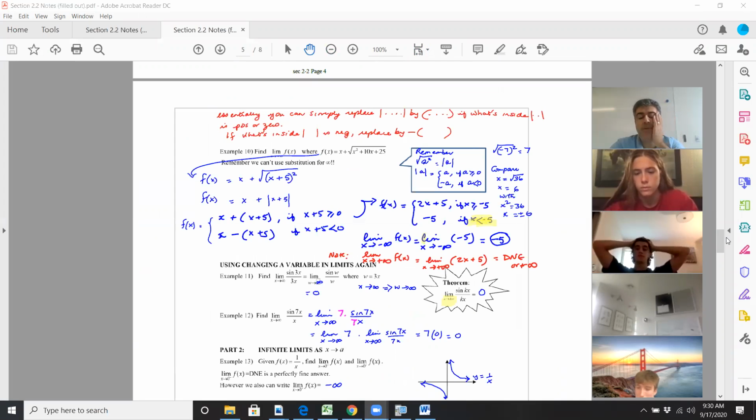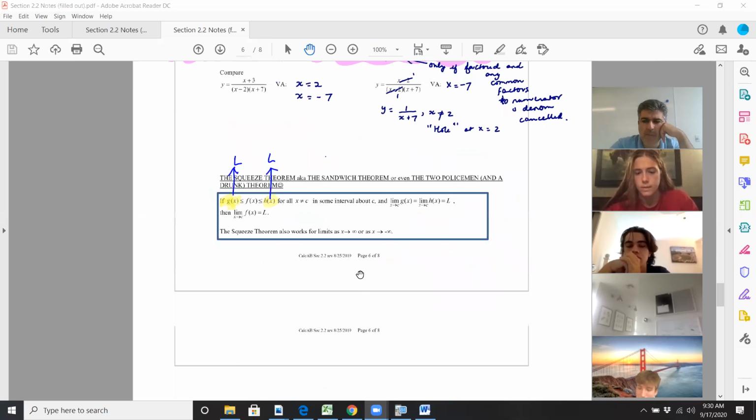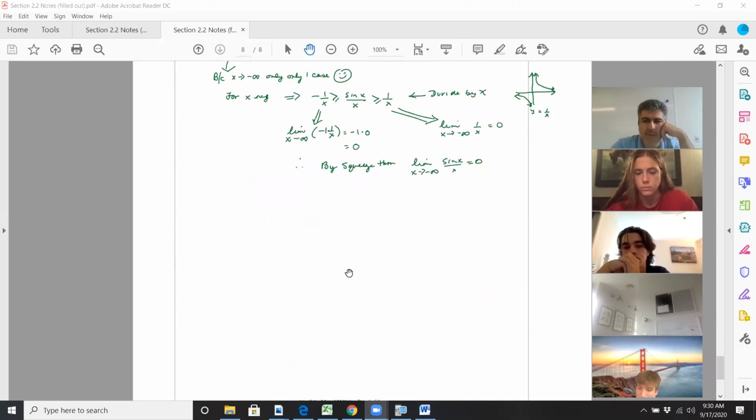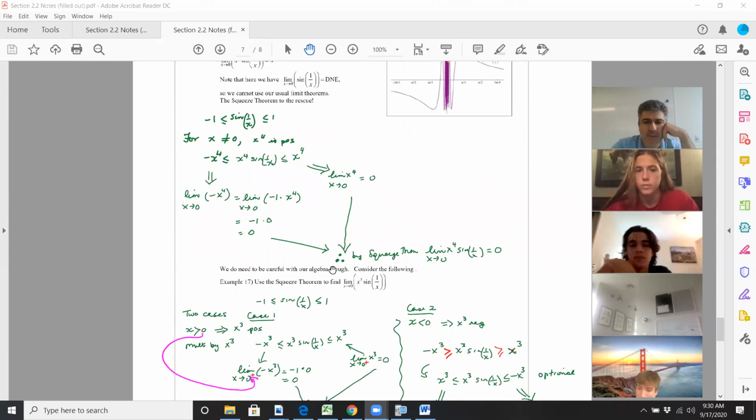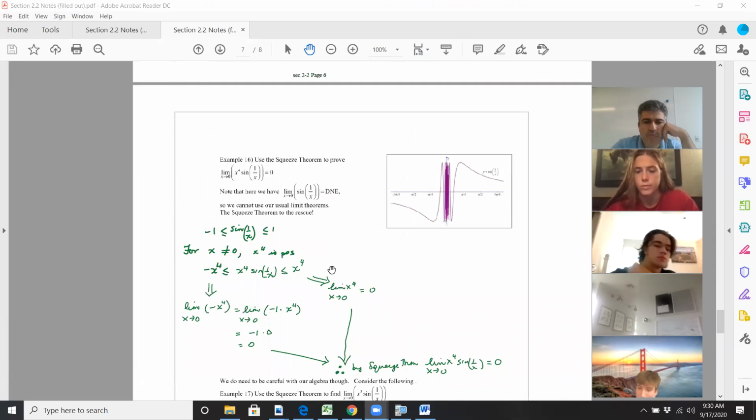Some said, what if your limits don't equal 0, or for x approaching different numbers? Let me see if we cover that. I do want to be mindful of the time because we have other stuff to do, but it's good that we're having this discussion. It's not something we want to gloss over.